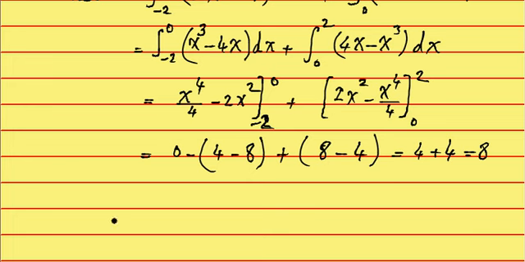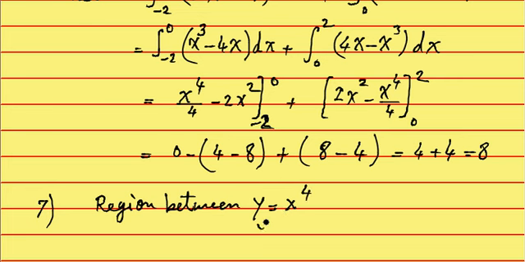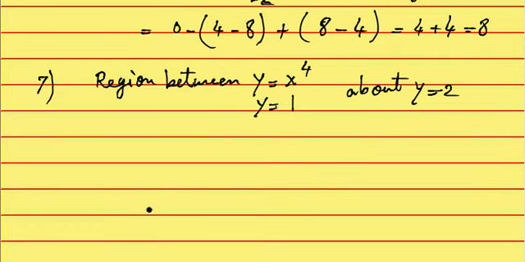Problem 7 is the beginning of calculation of volumes. We want the volume of a region between y equals x to the 4 and y equals 1, to be rotated around y equals 2.